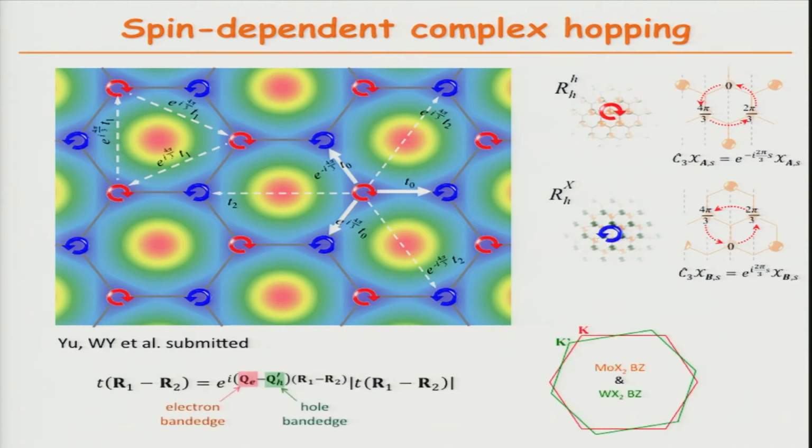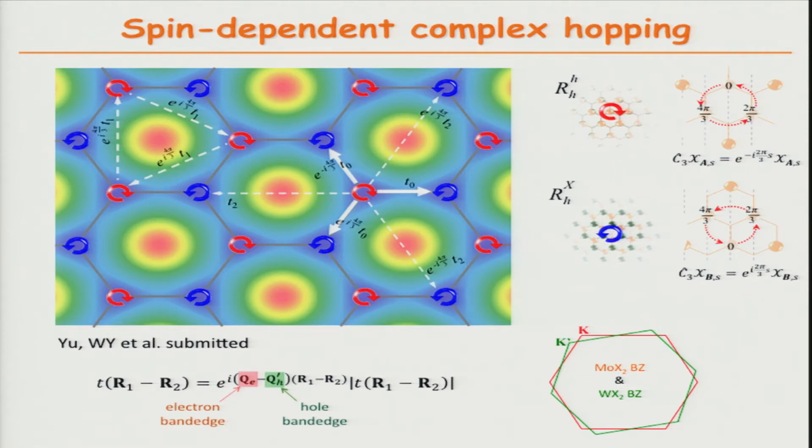Actually, we can figure out these general hopping phases in such a superlattice because of this Moiré-induced local registry difference. This is the amplitude, and the phase factor would be determined by the separation of the electron and the hole band edge in momentum space.